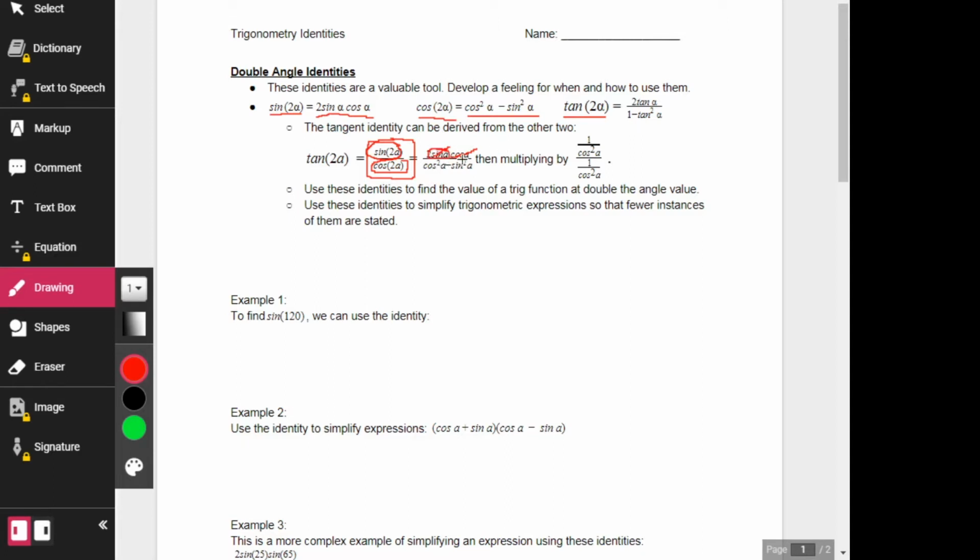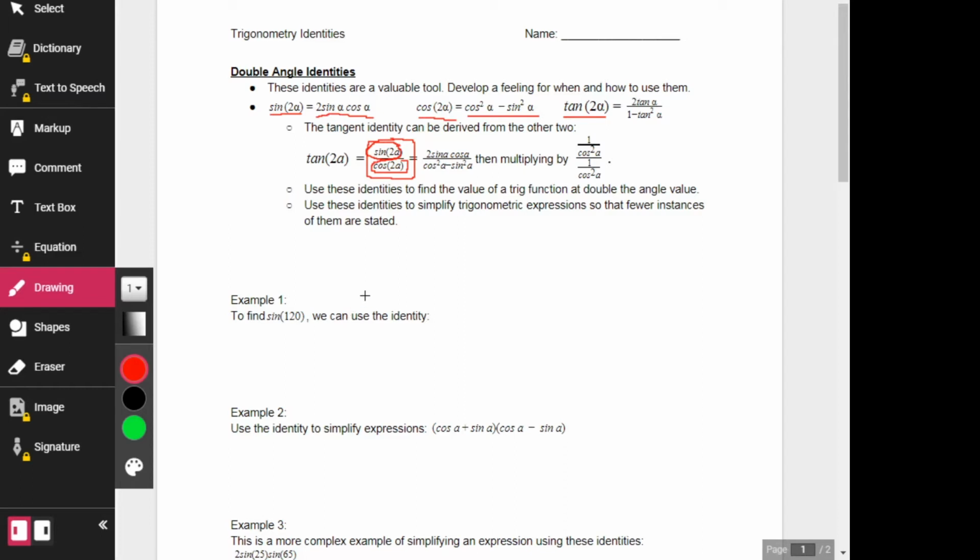So that would happen in the numerator. And then you also divide the denominator by cosine squared of a, which gives us this will become 1, and then this will become tangent. So that's where you get this, right? So the 2, you get the tangent, right? All of this comes from this process. Okay.